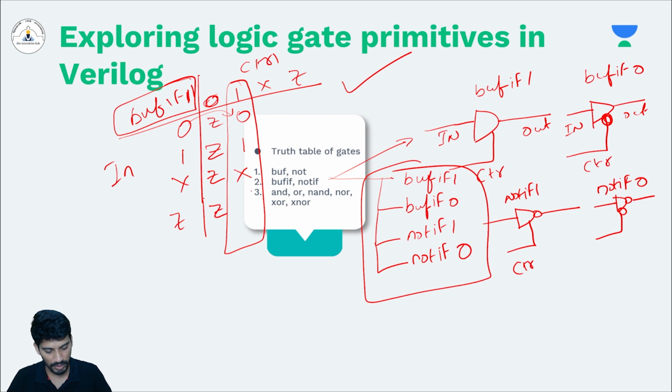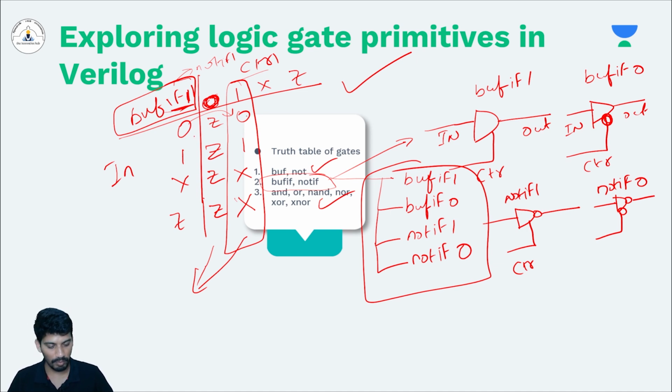But here you see it won't go into the high impedance state, but it will go into a don't care condition. This is the major difference between universal gates and these bufif gates. So remember, when the control signal is 0 for bufif1 or even notif1, then the output will go into high impedance state like this.